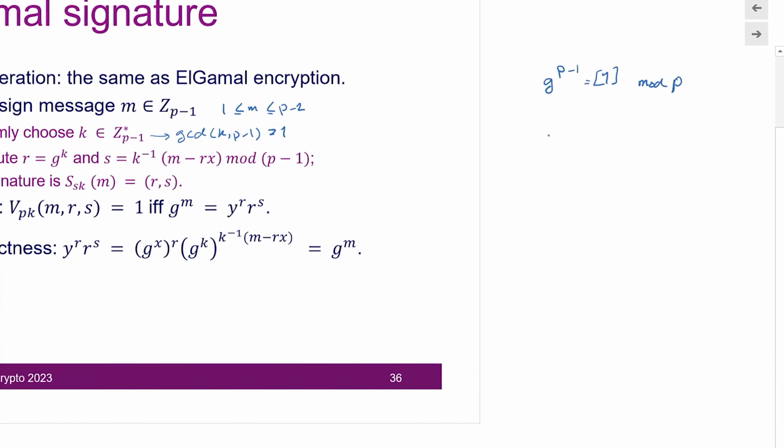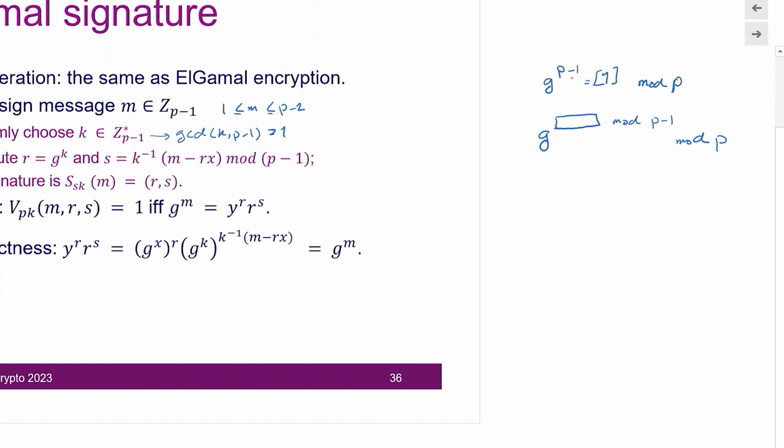So that means that every time in the crypto computation, whatever value you are going to raise g to the power of, we can do a mod p minus 1 on the top, and then a mod p over here. Why is it so?